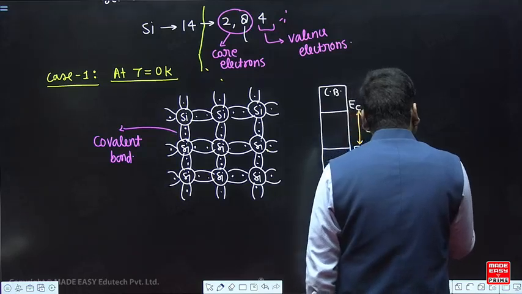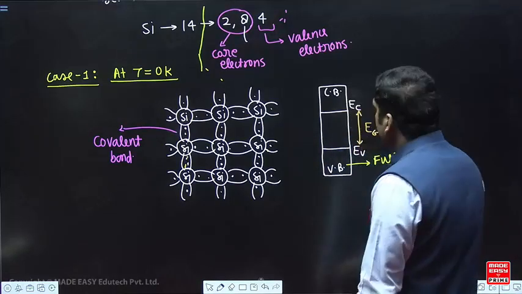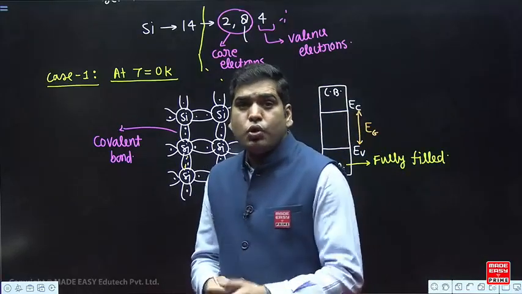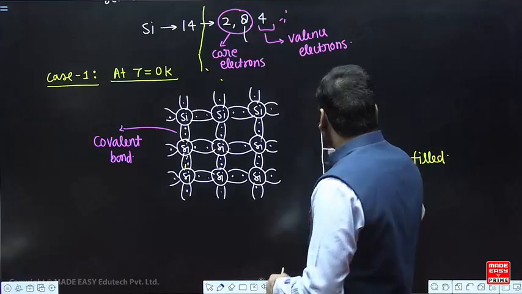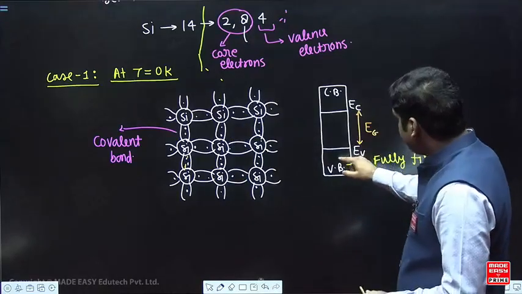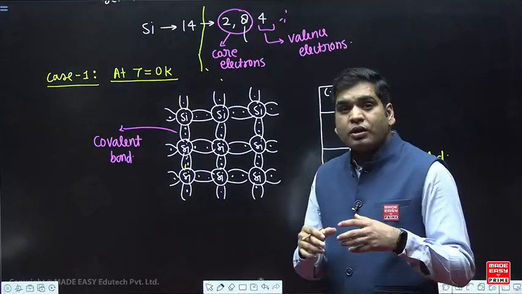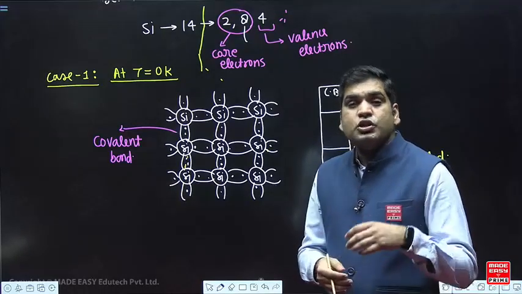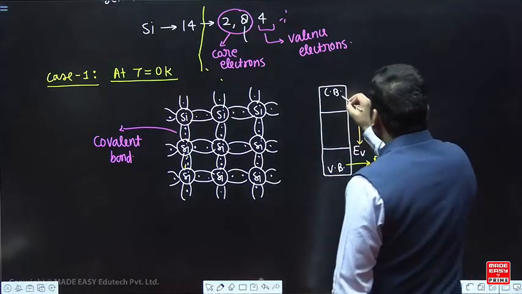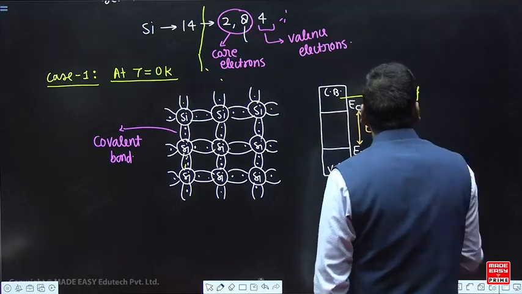But there is no thermal energy, so no electron can reach from valence band to conduction band. If you have thermal energy, then electron will take that energy and move towards the conduction band. But since you are not having any thermal energy, no electron can move from valence band to conduction band. It means conduction band is empty.